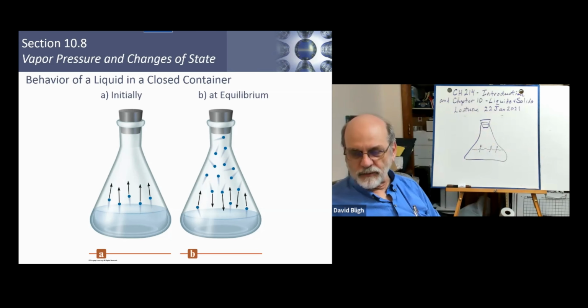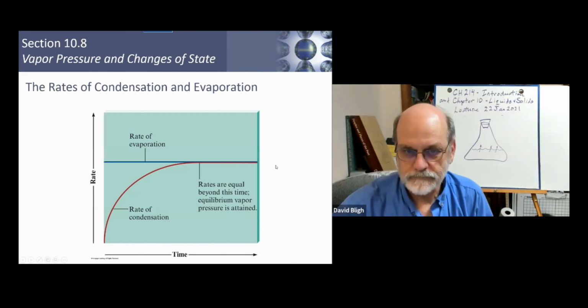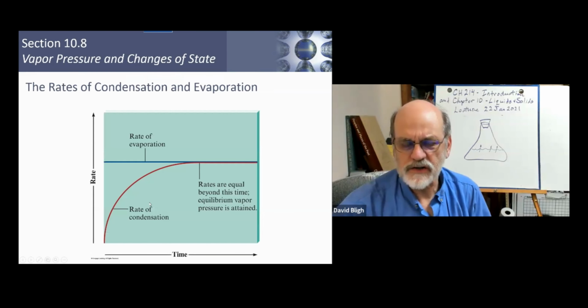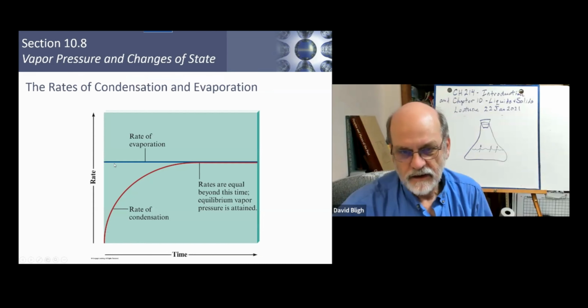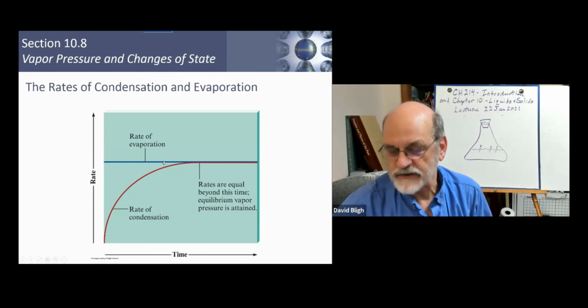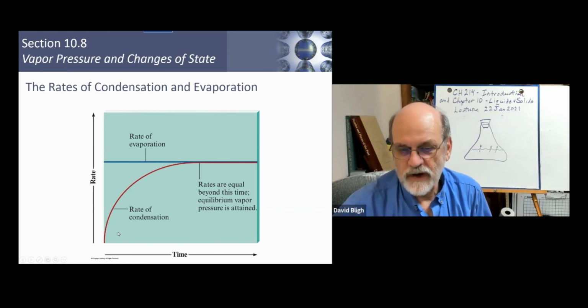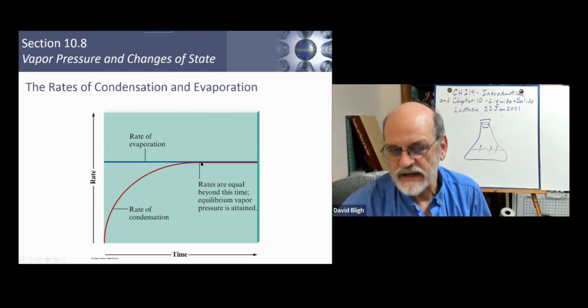So for weak intermolecular forces, the liquid produces higher headspace pressure. This is what it looks like on a graph over time. The rate of evaporation is pretty much constant to begin with, but the rate of condensation eventually catches up with it, and that's where you reach equilibrium.